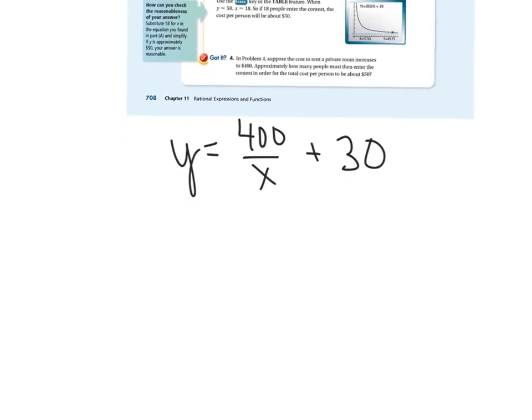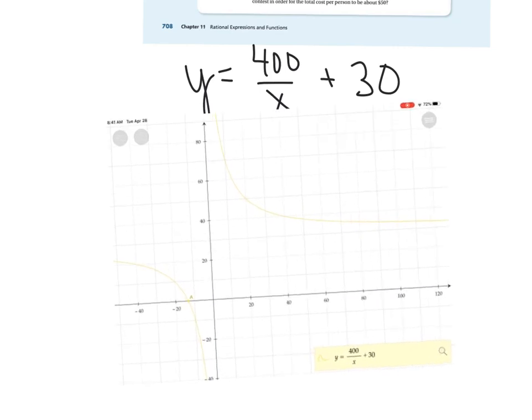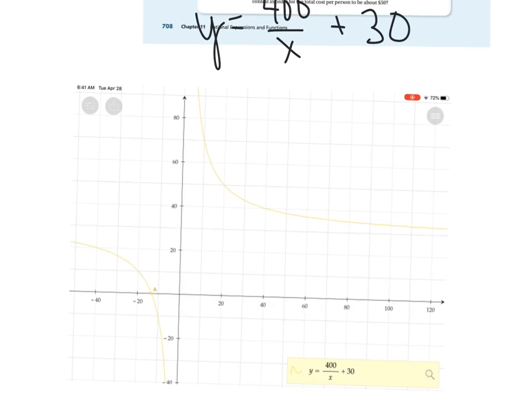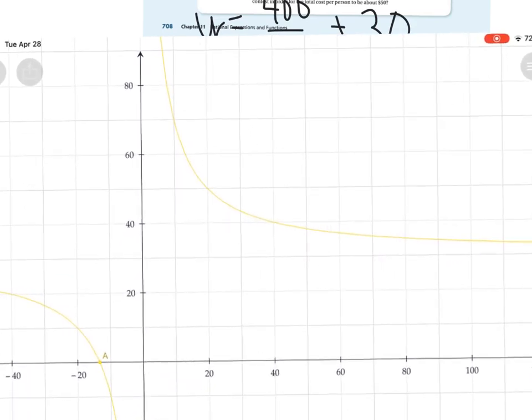Then we could just graph that and see where that gets close to that point. If we were to graph it, it would end up something like this. Again, we're only really concerned with that first quadrant part. We're trying to figure out when it's about $50 a person. So $50, that's the y value, and that corresponds with about 20 people. So about 20 people, then it would be $50 a person.